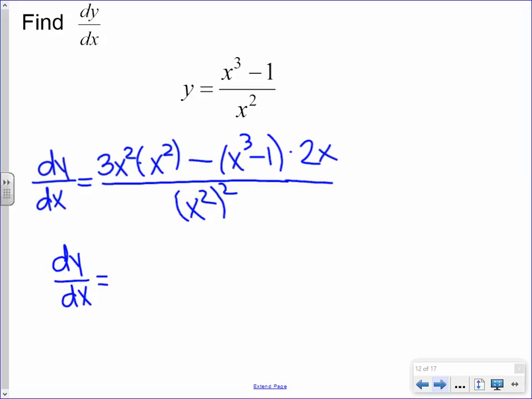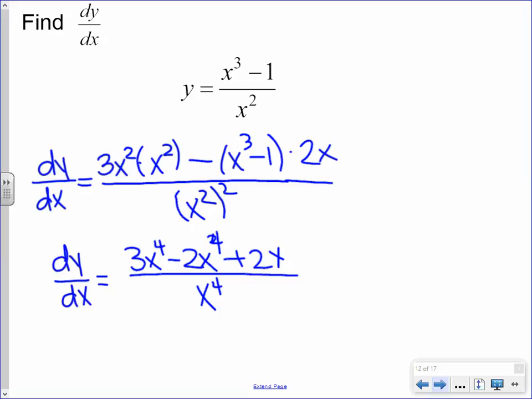We can probably take 30 seconds and reduce this down. So this is 3x to the 4th minus 2x to the 4th plus 2x over x to the 4th.